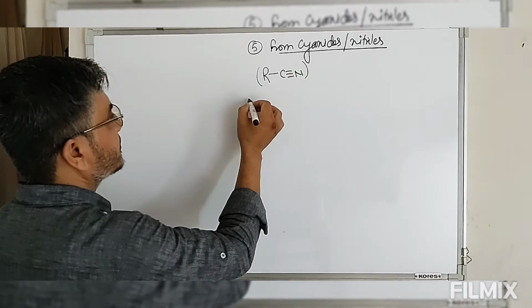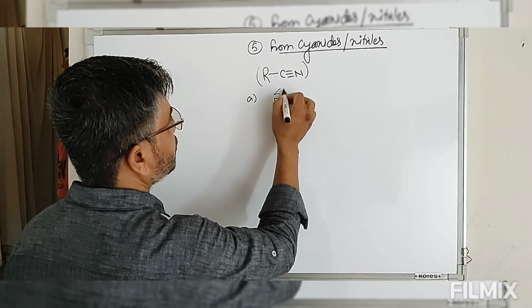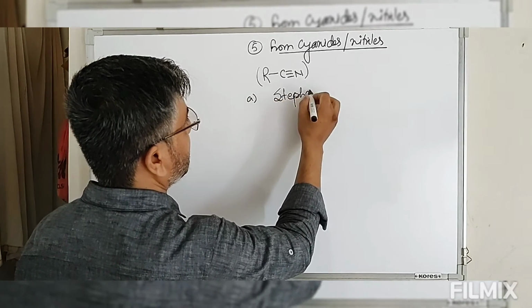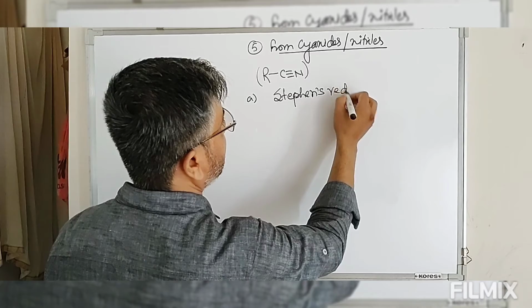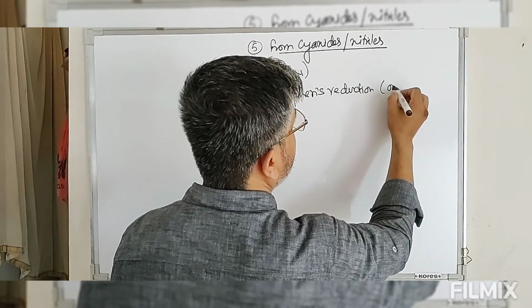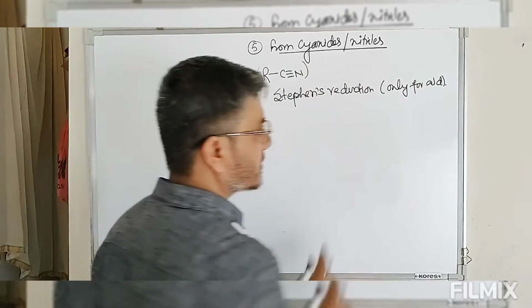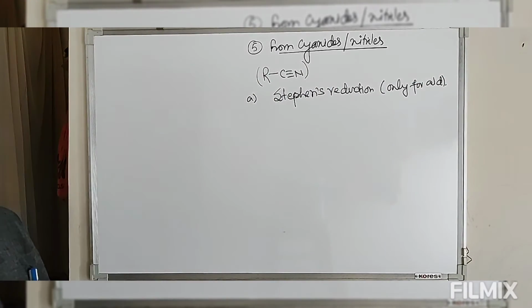So we have different reactions. The first reaction is Stephen's reduction. This Stephen's reduction is only for aldehyde. From here you can make only aldehyde. Ketones cannot be prepared by this Stephen's method.